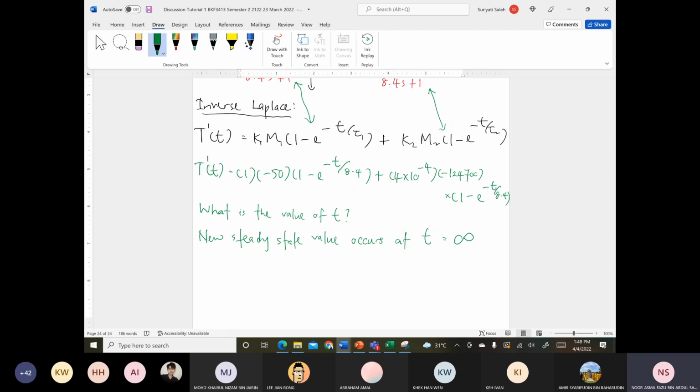So meaning that in this equation, we know that T prime is T minus T bar, equal to negative 50 times 1 minus exponent negative infinity divided by 8.4, plus 4 times 10 to the negative 4, multiplied with negative 124,700, which is negative 49.88, times 1 minus exponent negative infinity divided by 8.4.